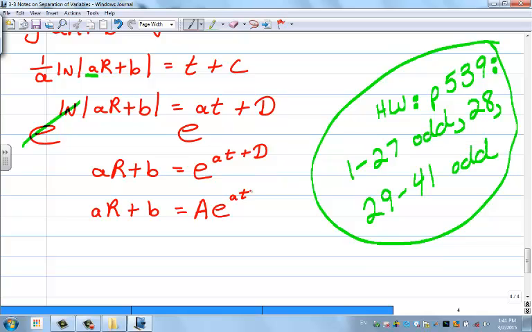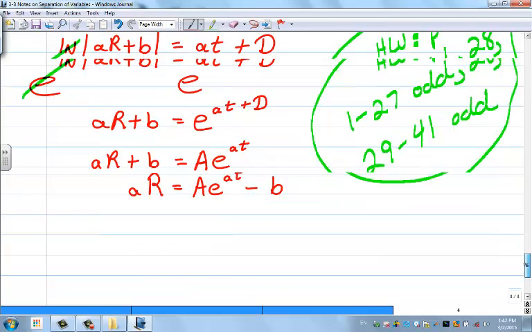Now, we still haven't solved for r. We've got to solve for r. Once we do that, we'll be done. First, subtract b from both sides, so we get ar is equal to a e to the at minus b.